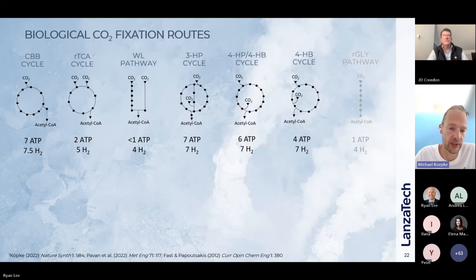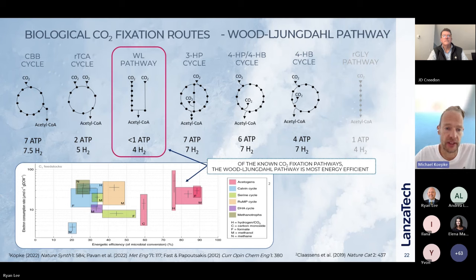If you click once, you can see it consumes less than one ATP and the least amount of reducing equivalents. The group of the late Arren Bar-Even also mapped out every biological route that's been reported, and you can see in red here that the Wood-Ljungdahl pathway, or reductive acetyl-CoA pathway, is really the most energy efficient.